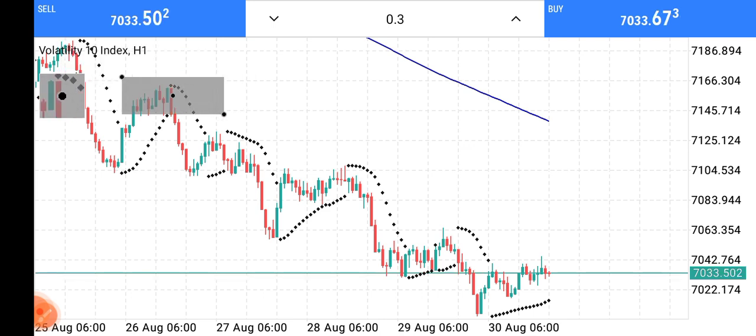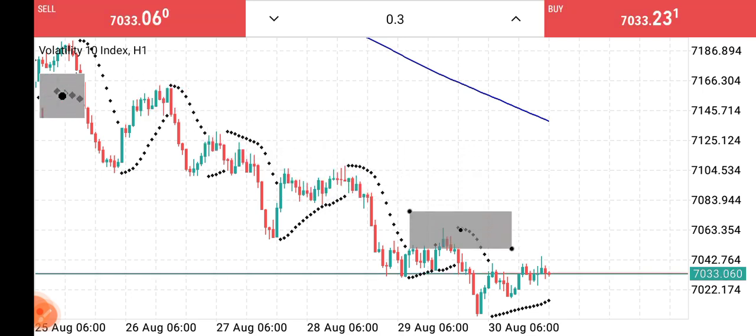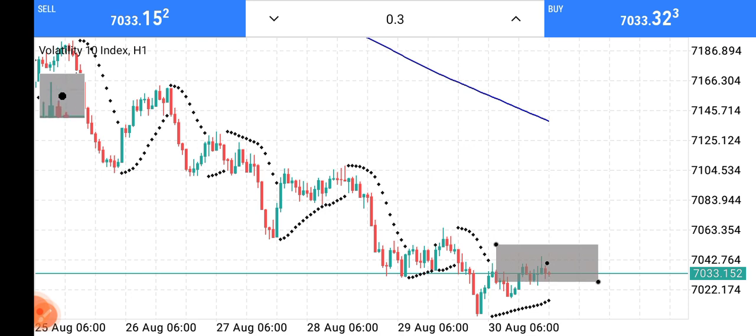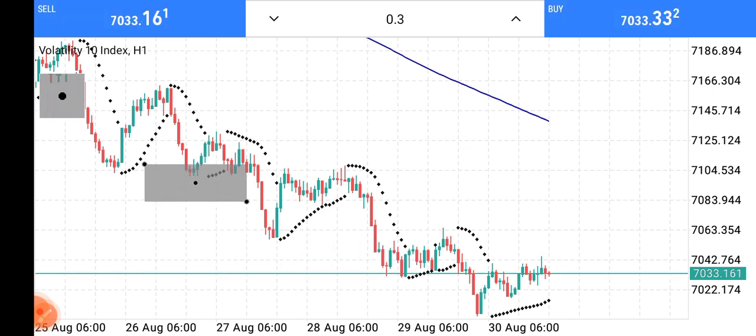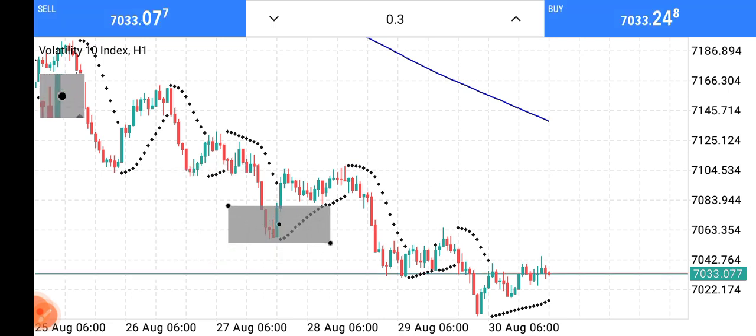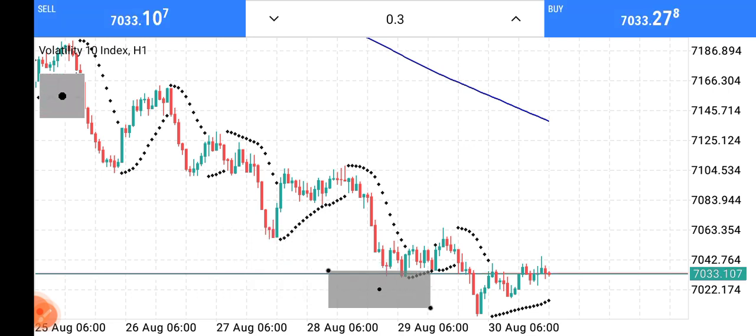So this is a lower high, this is a lower high, this is a lower high, the tips. Lower high, lower high, lower high.